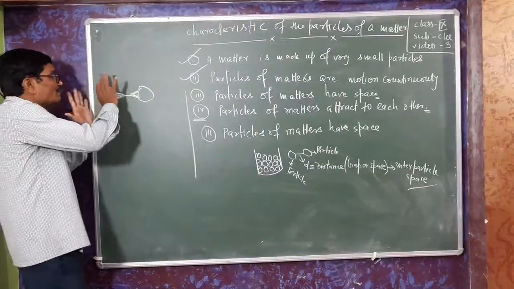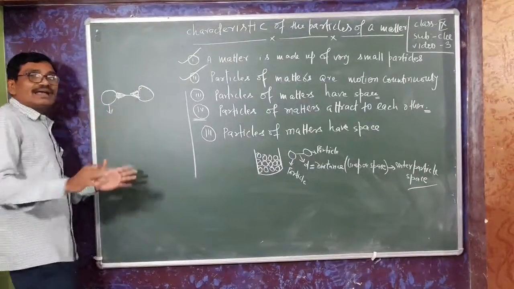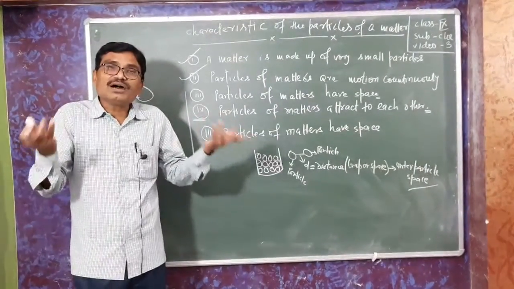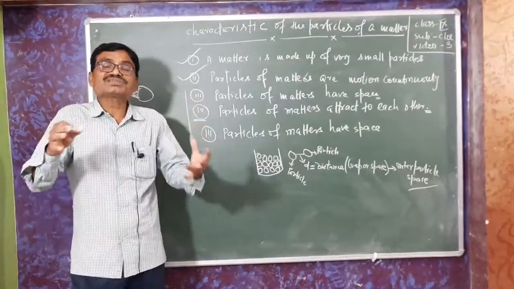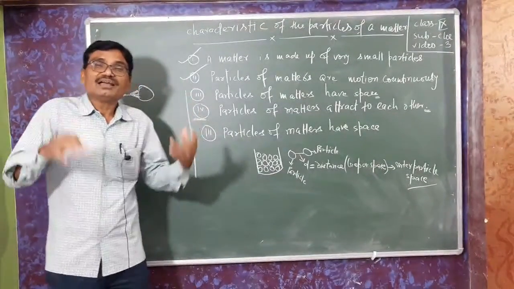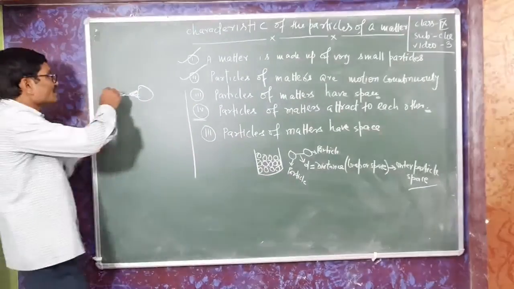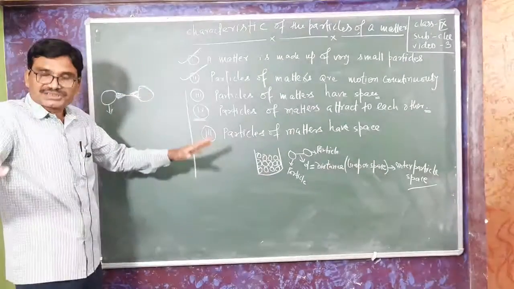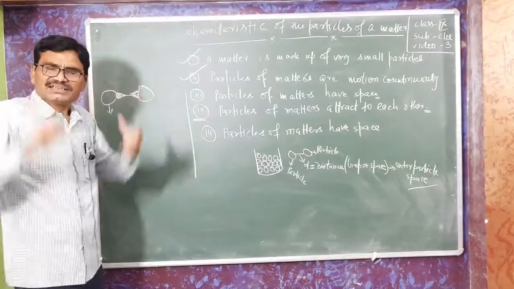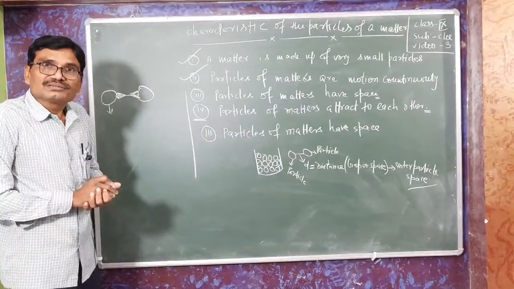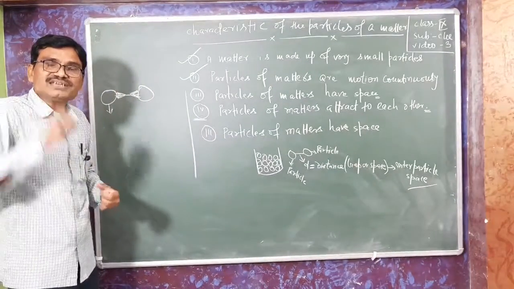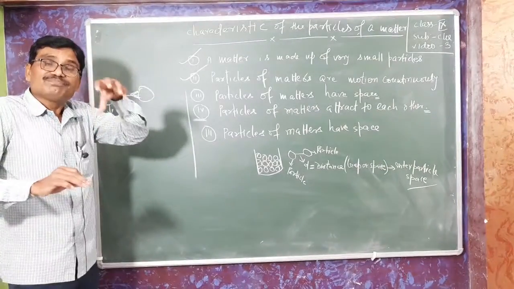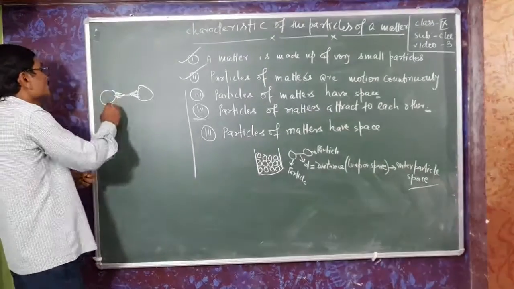If the particles of matter are charged, positive charge or negative charge, that means the small particles of matter are ions, then they attract each other if they have opposite charges. In common salt, NaCl, Na, sodium, has a positive charge.